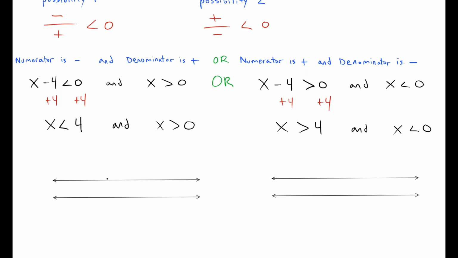Let's plot them separately first. Here's some relevant numbers, 0 and 4. Okay, so we need x less than 4, and we also need x being greater than 0.